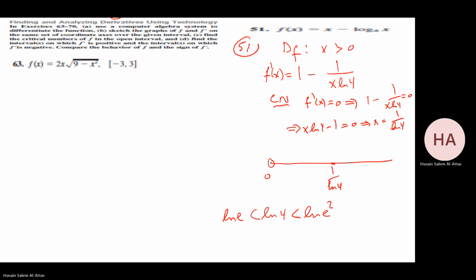Correct? Yeah, e square is greater than 4. So it means ln 4 is a value between 1 and 2.